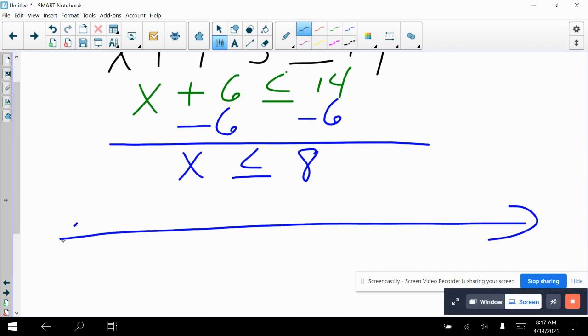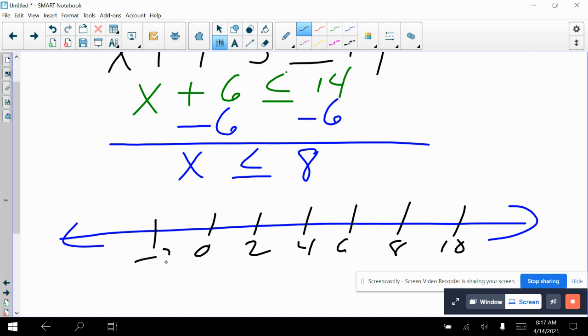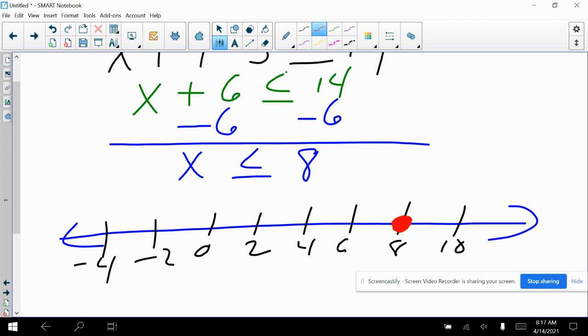And again, we got our number line here with 8. Open dot, closed dot. Closed dot on 8, going to the left.